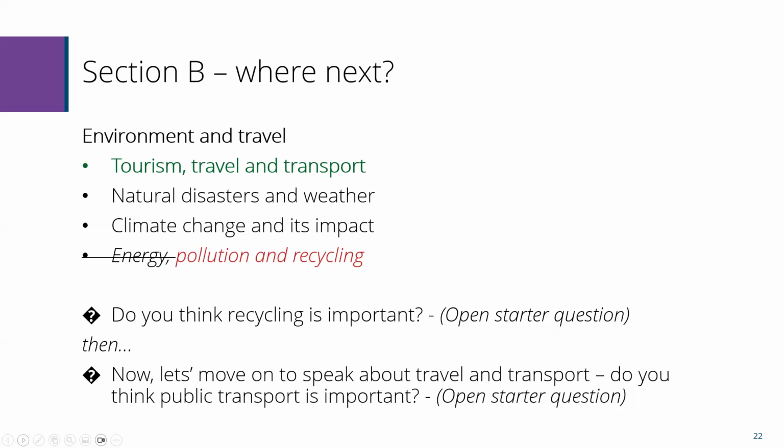If the card is about tourism, we could then move on to talk about travel and transport. If the card is about natural disasters, we move on to talk about weather. If the card is about climate change, we then might move on to talk about the wider aspect of climate change. So we move slightly away from the information on the card, and then we move into another sub-theme entirely.